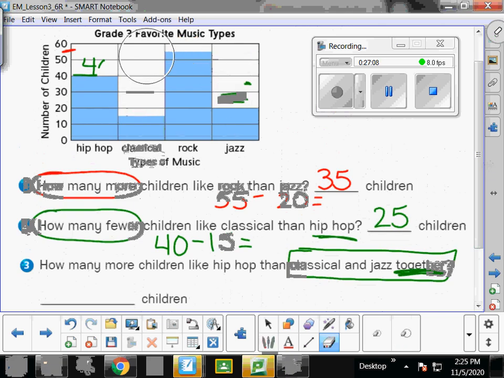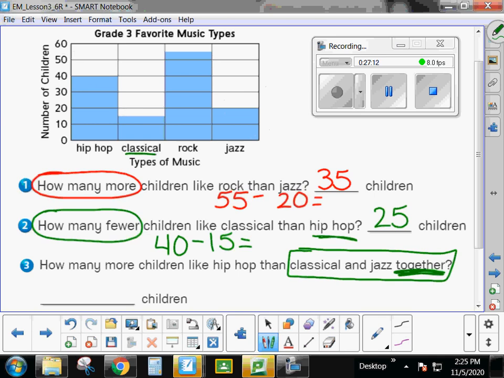I'm going to add those two up like it says to do. So I've got my classical right here between 10 and 20. I would have 15, right? And then my jazz is right here at 20. And so when I put those two together, I've got to add these. So I'm adding 20 plus 15, which gives me 35.